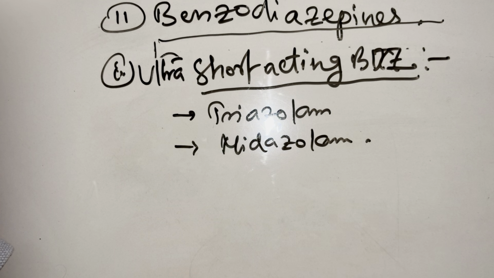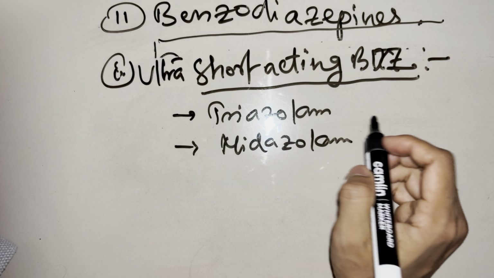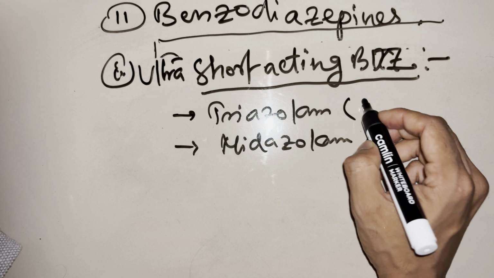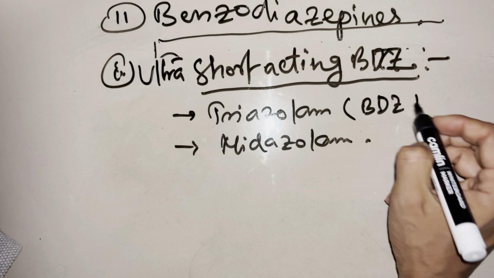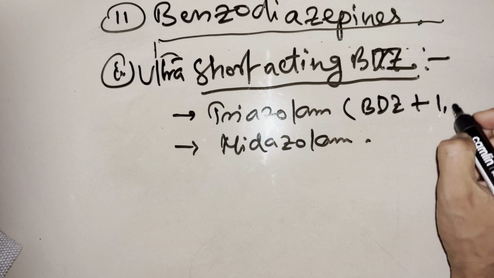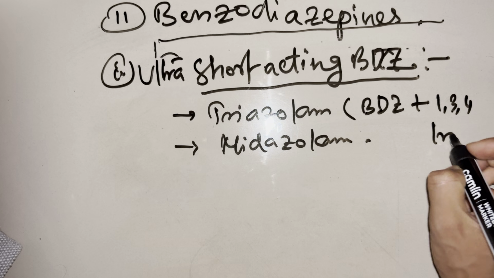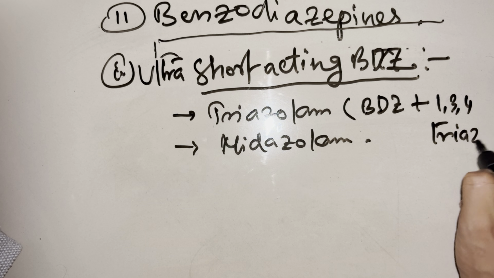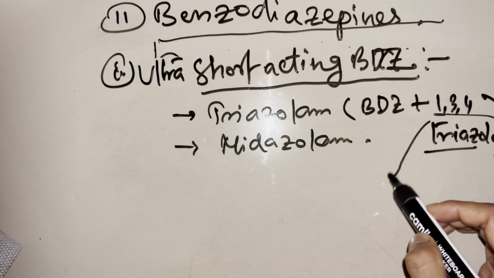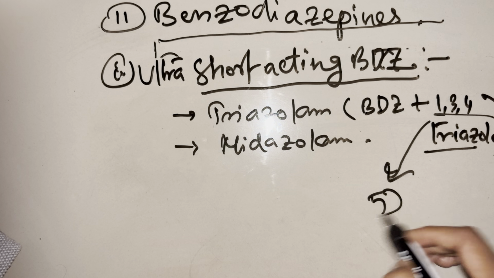Most important point: in the case of triazolam, the benzodiazepine is present along with the 1,3,4 triazole ring that I mentioned earlier. That is a 5-membered ring.